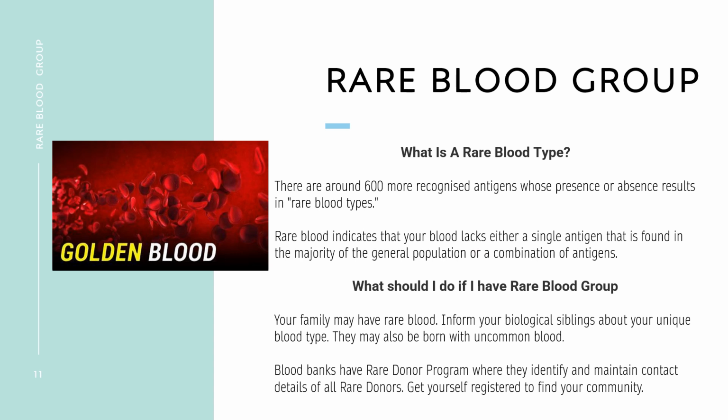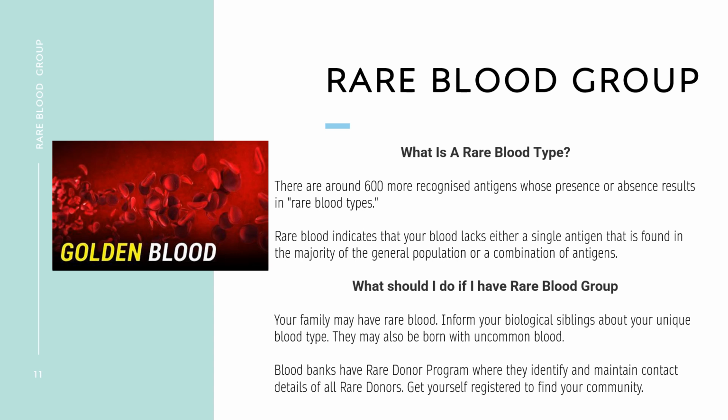Now, if in case you happen to have a rare blood group, what should you do? One, let your siblings and other relatives know about the rare blood group that you have, because it could so happen that they also have a similar blood group, because blood groups are decided through genes, so the inheritance pattern of blood group is genetic.